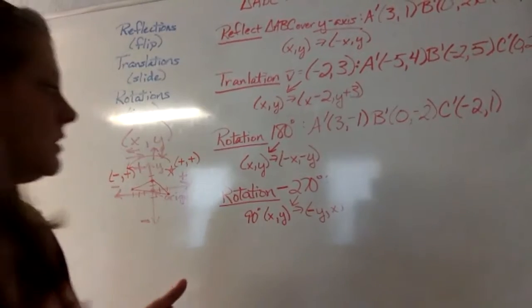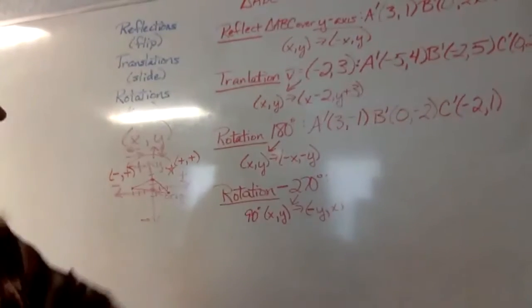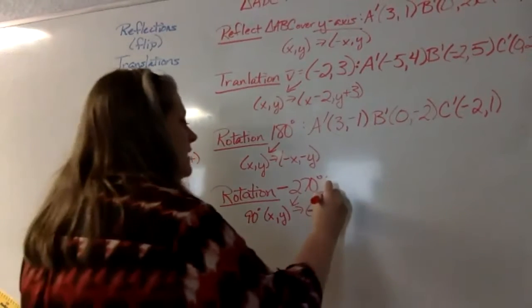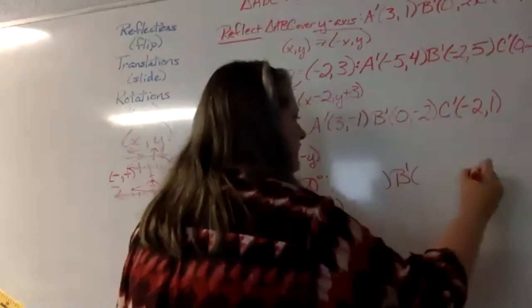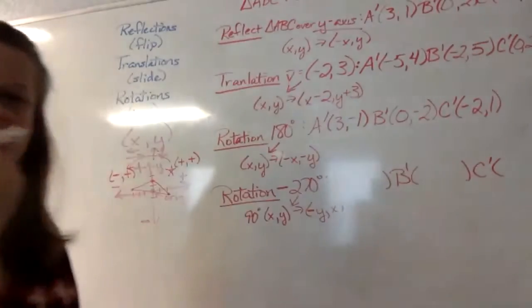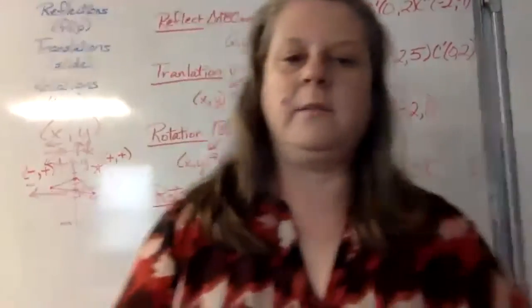So what we're going to do is we're going to do the rotation for negative 270 degrees, which is the same as just 90 degrees counterclockwise, and find our new coordinates for point A, point B, and point C prime of our new image. Okay, so we're finding our points for A, B, and C of our new image.